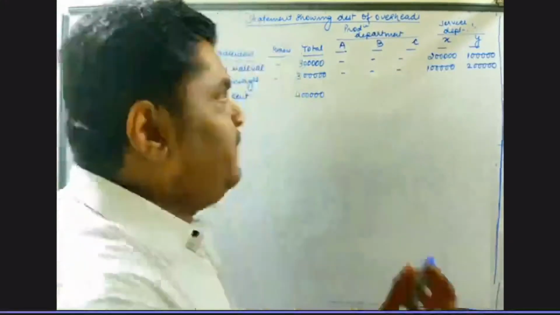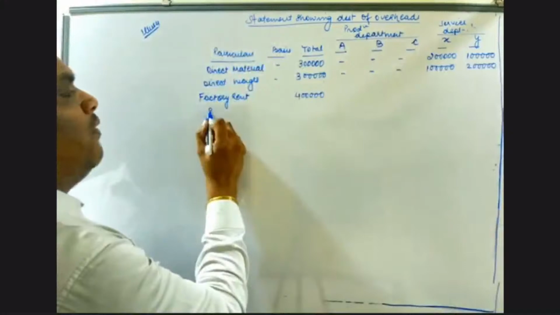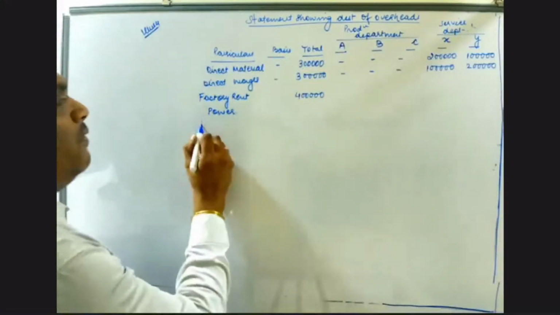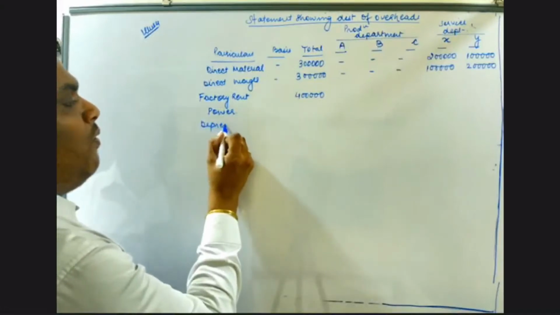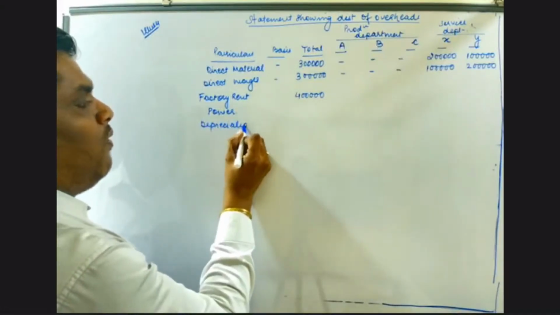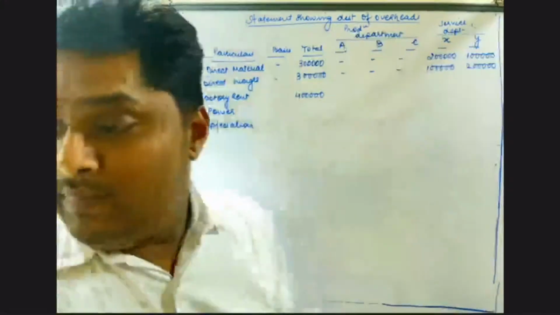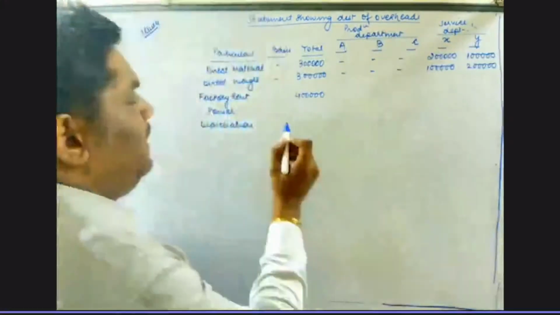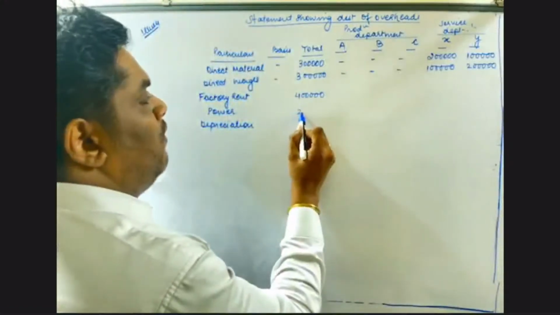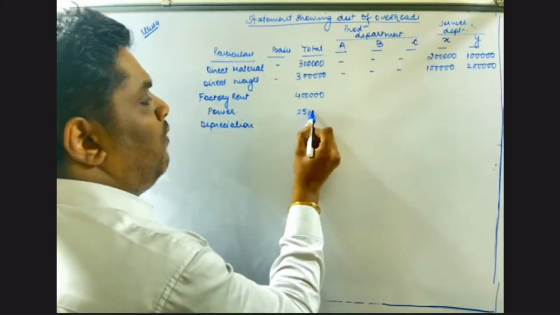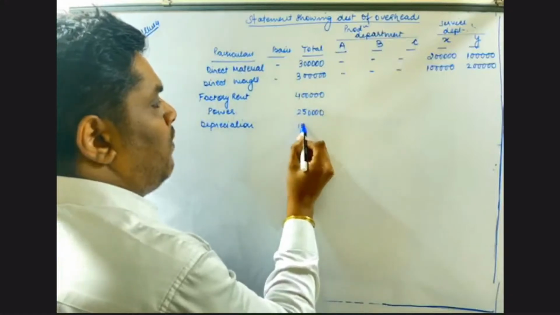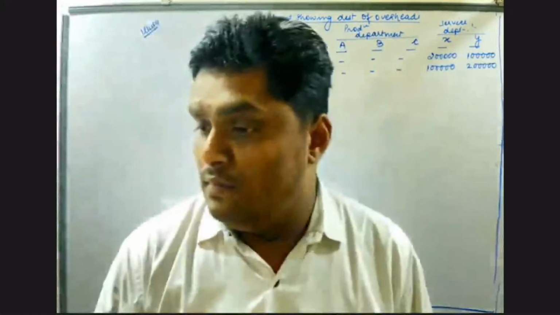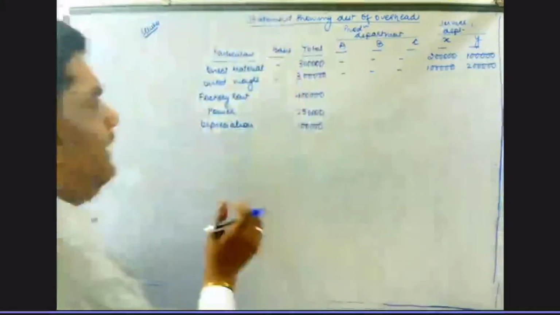The next is power cost. Two lakh 50,000 and 1 lakh. And other overheads are 9 lakh.